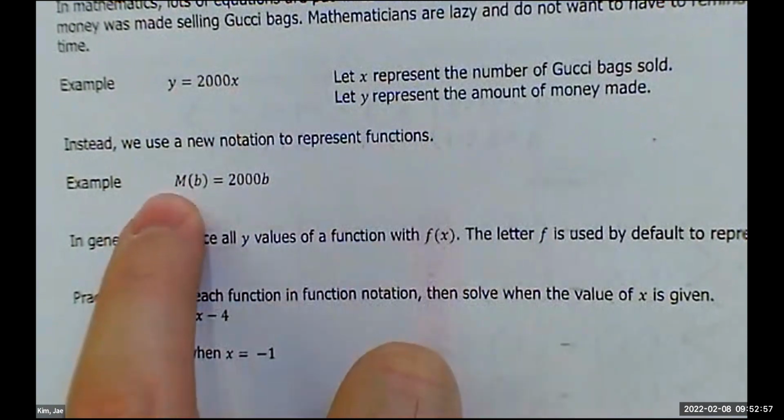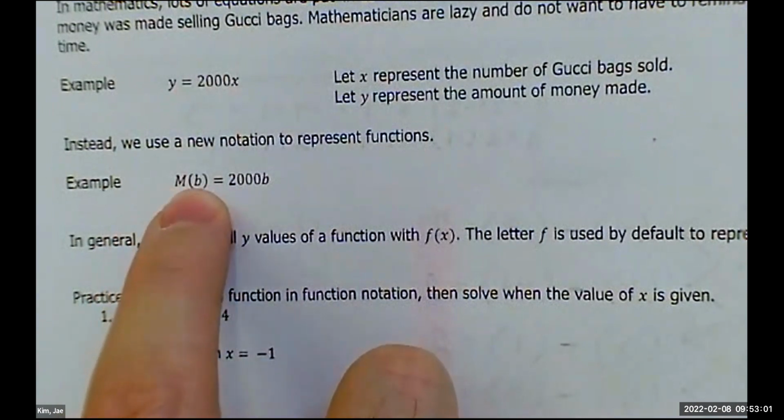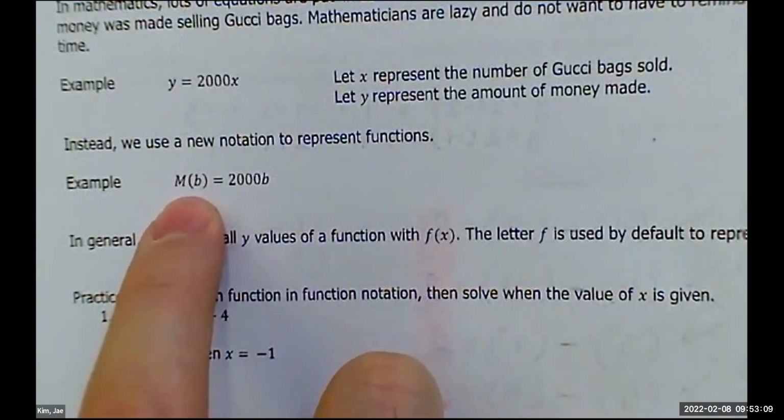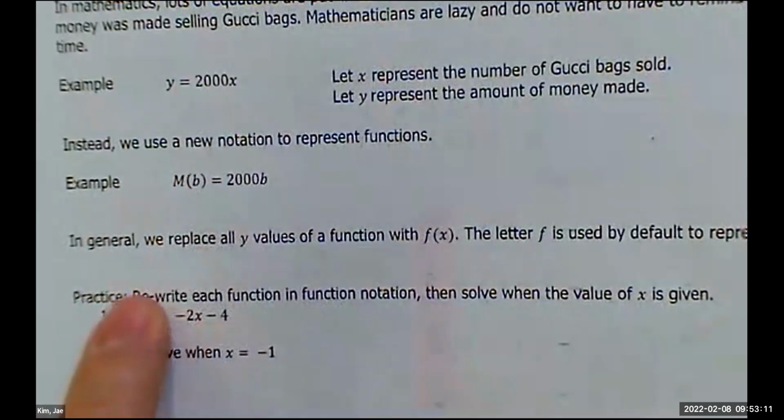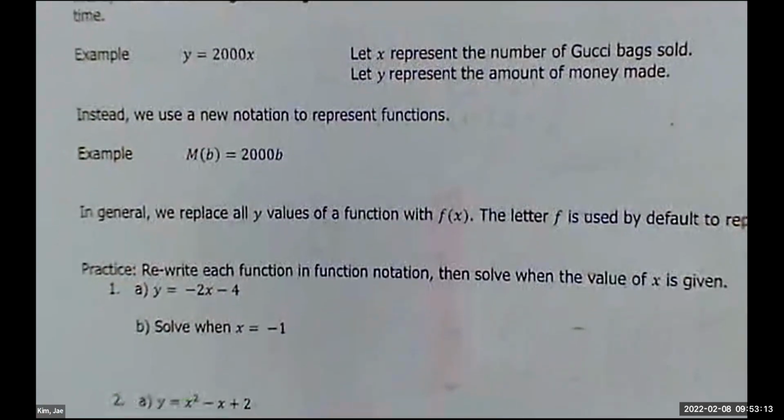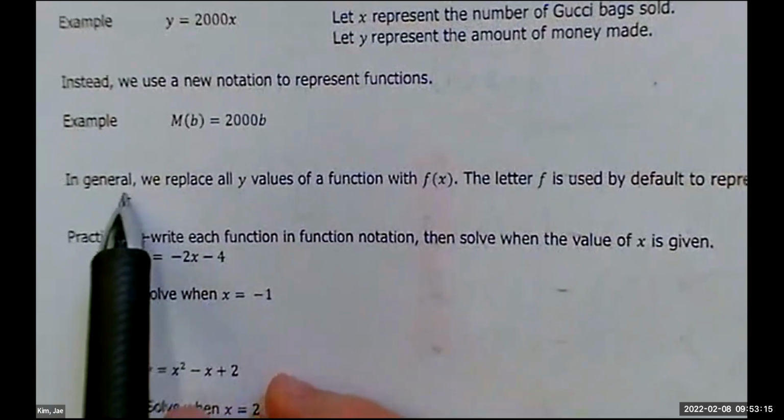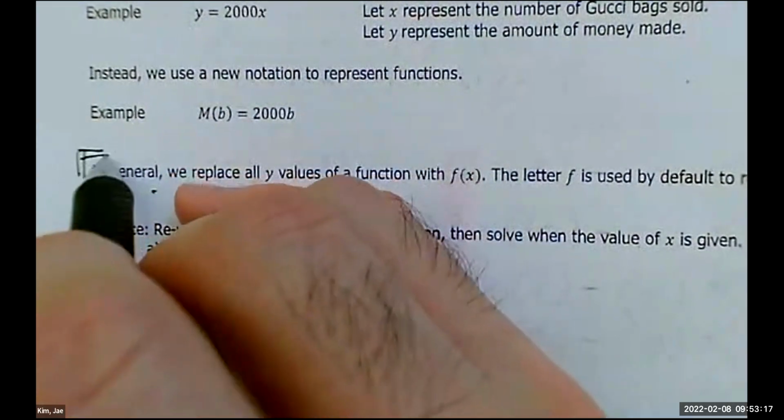Like for money, doesn't it make sense to represent it with a capital M? And for the number of bags, wouldn't it make sense to replace it with the letter B? It's that idea. We write it in this funky letter and bracket method. Okay? In general, this is where our lesson starts.